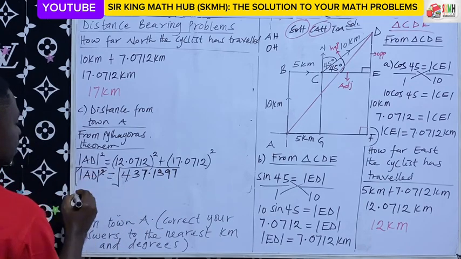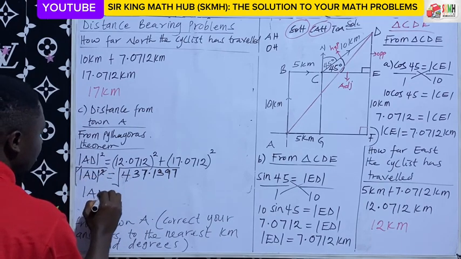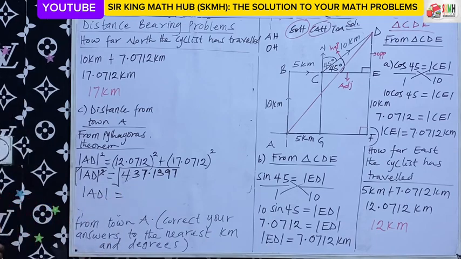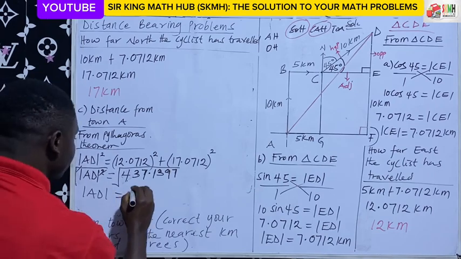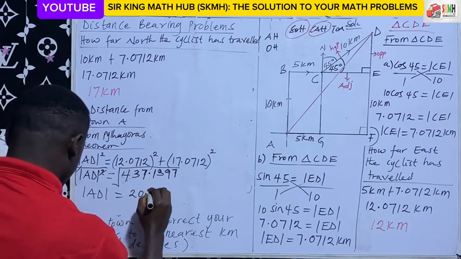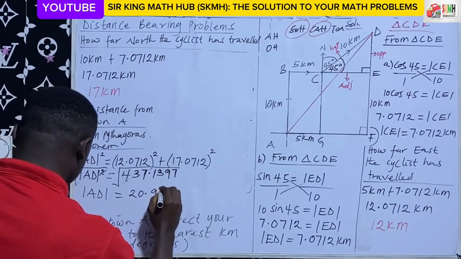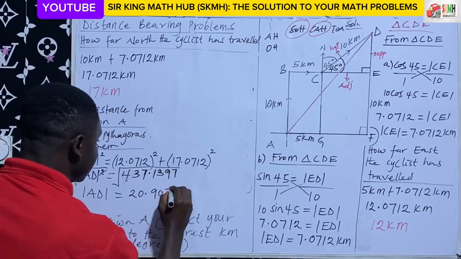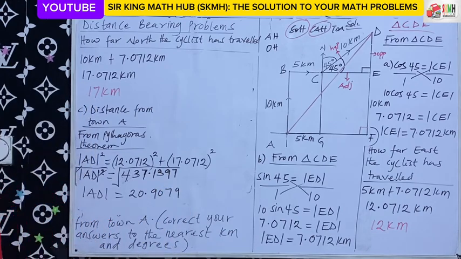The square root and the square will cancel out, leaving AD equal to the square root of 437.1397, which is 20.9079.